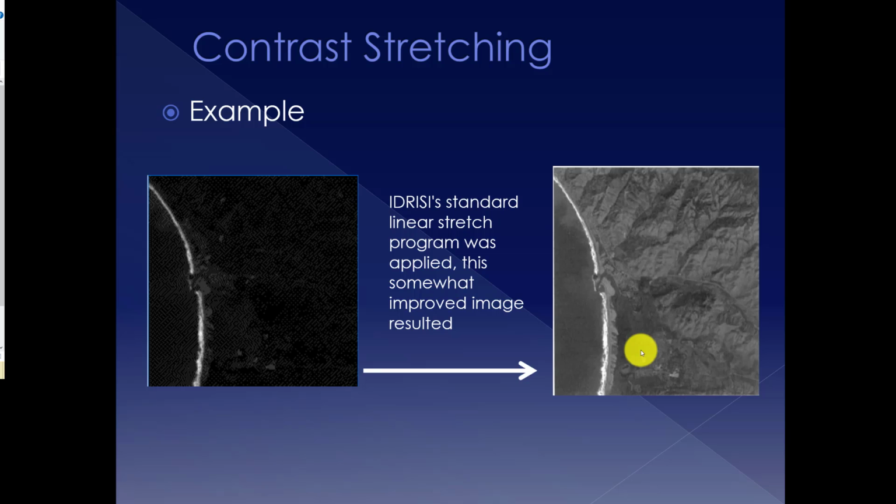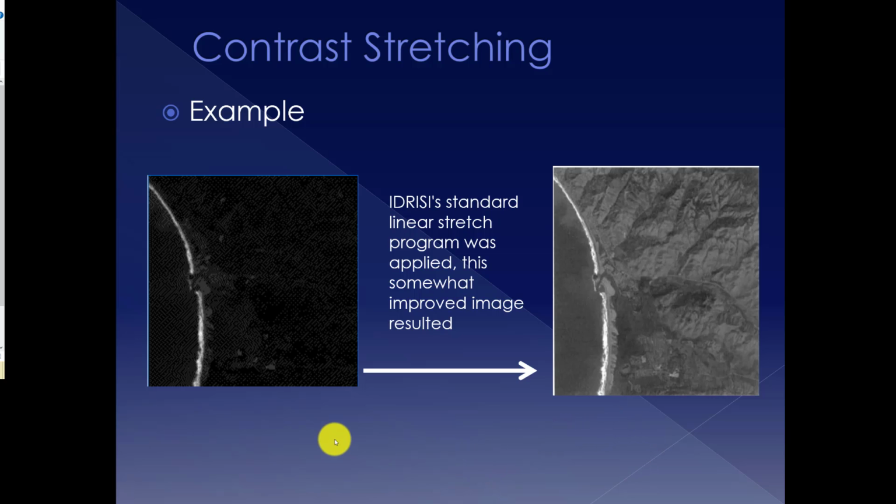When we stretch this data, now we can see the ocean is very distinct from the surf zone, which is very bright. We have a sandy beach here, and we can indeed see mountain patterns and riverine dendritic patterns in this image on the right.